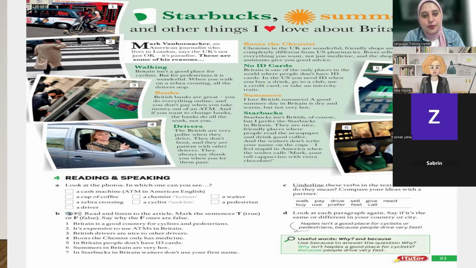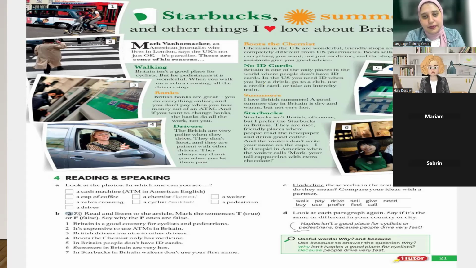Can we add a task for gist? Yes, you need to. I told you not all the tasks here can work. Can I ask them to summarize what they are reading? Yes, in two sentences, for example. This is a good task for gist reading.